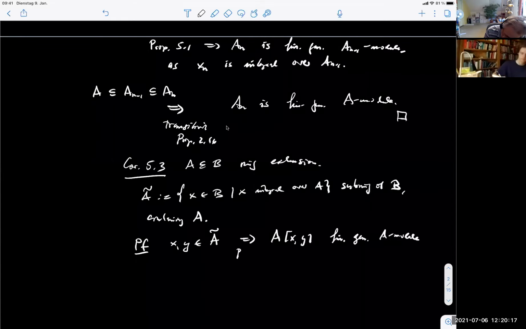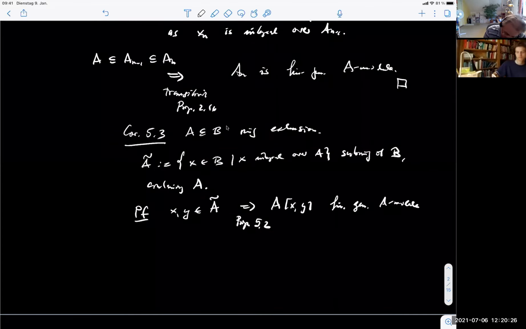This is the proposition 5.2, the one I just proved. Now this will be my C. And then I apply the following principle.